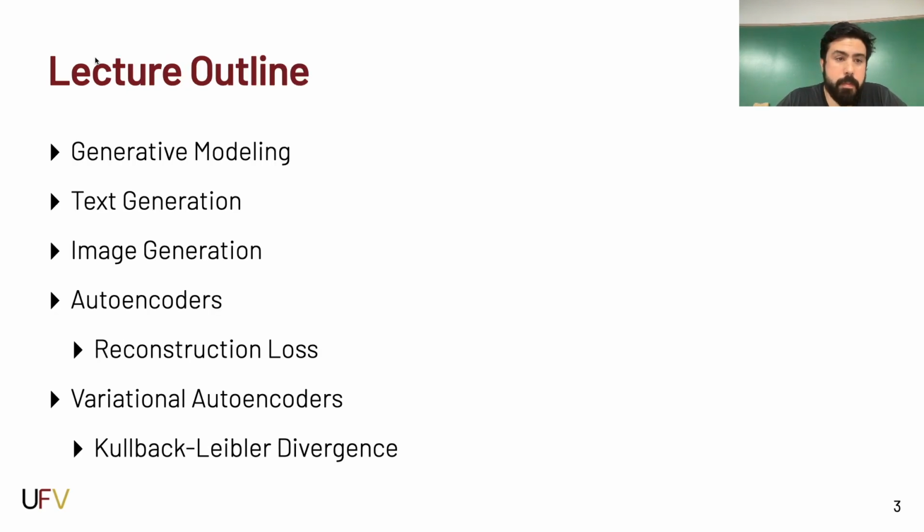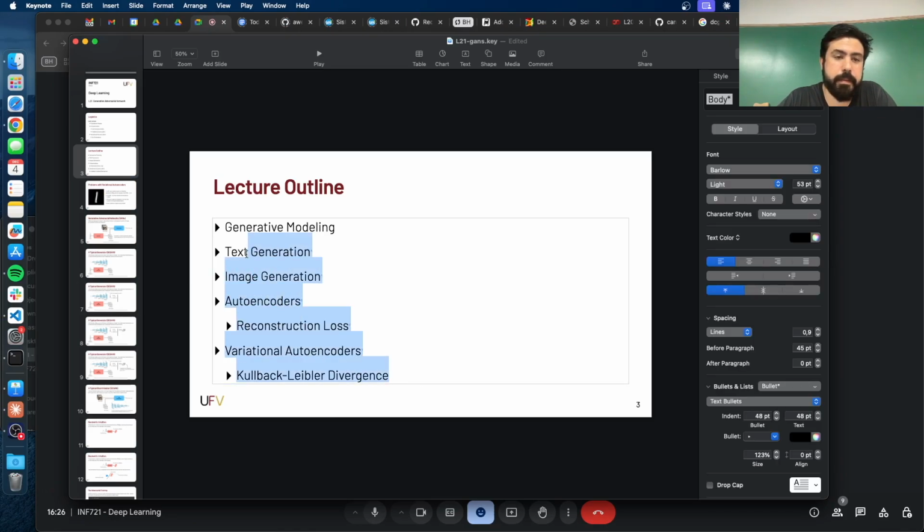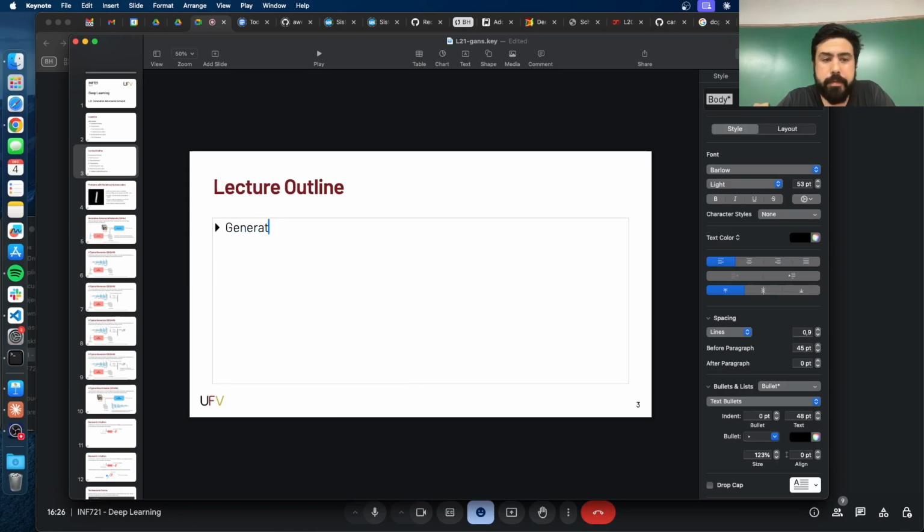And today we're going to talk about, I really forgot to update this, generative adversarial networks. And this will include problems with VAEs.